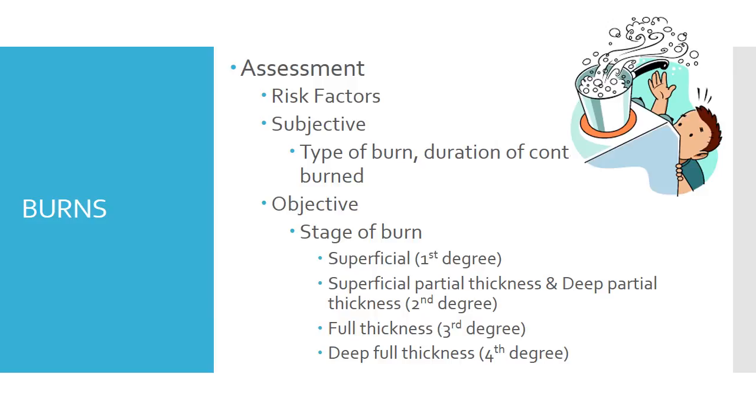And to review this, the stages of burn, your page 207, your ATI, chart 32.1 does a great explanation of what each part of the epidermis, dermis, that type of thing is affected with each stage. So I would look over that so you know what superficial means, what does deep partial thickness mean, those types of things.